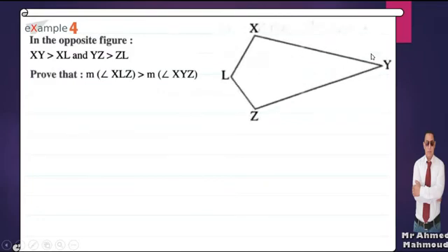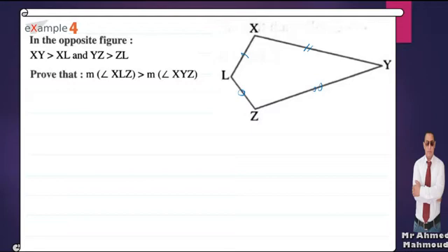In the opposite figure, XY greater than XZ greater than XL. Again, XY greater than XL, and YZ greater than ZL. Prove that angle XLZ, or angle L, is greater than angle XYZ, or angle Y. First, I need to divide this shape into two triangles.